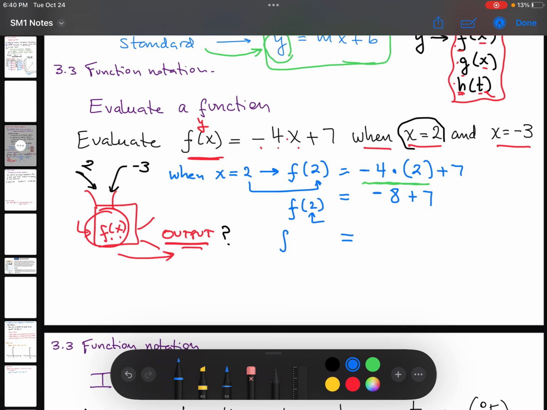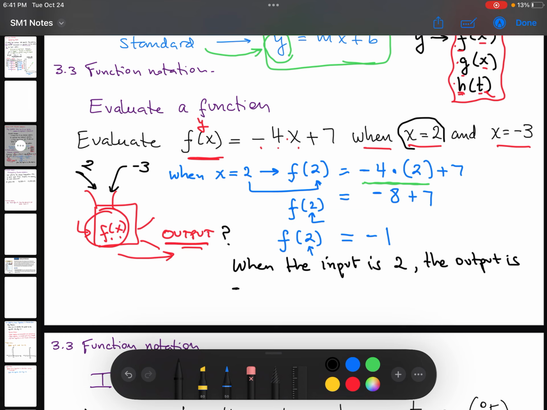So conclusion, the output for the input of 2 is going to be negative 1. Okay? That's how you should read it. In the first place, you need to understand it this way. When the input is 2, the output is negative 1. Hope that's clear.